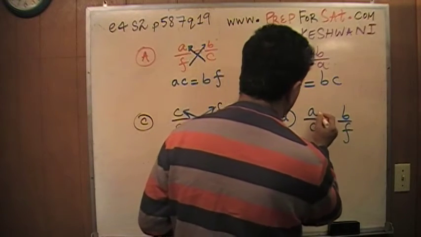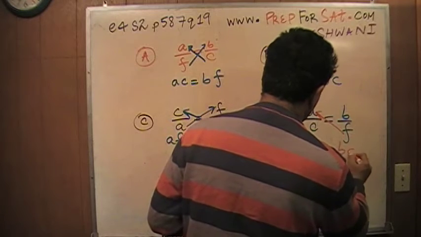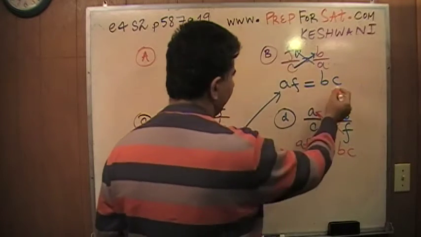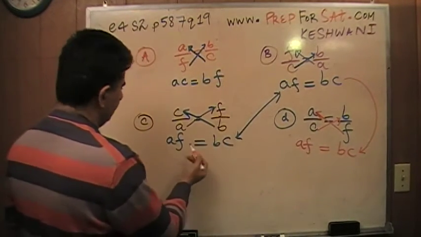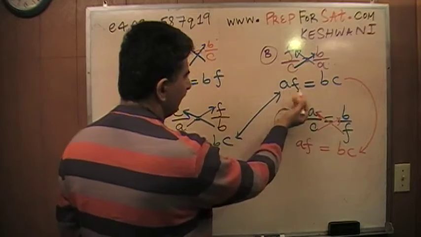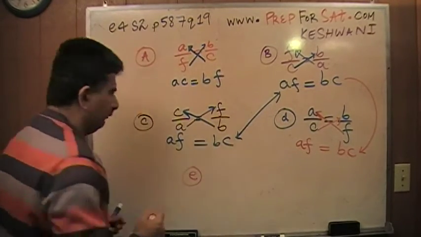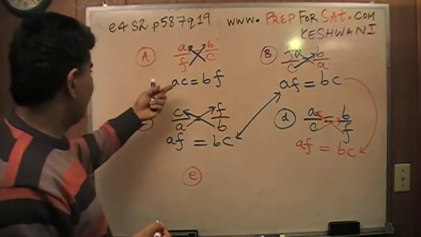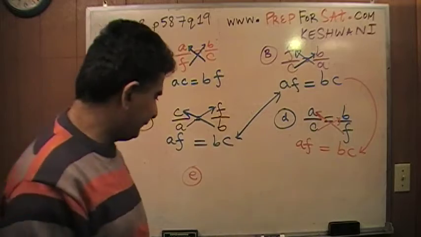If we cross multiply, we're going to get A times F and B times C. There you go, exact same thing as this one. You see, all 3 of them agree. C agrees with B and B agrees with D that we just did. Let's do E. We don't actually have to do E. We know the answer is A because 3 of them are same. This has to be the same as the others because there is only one answer choice that's different.